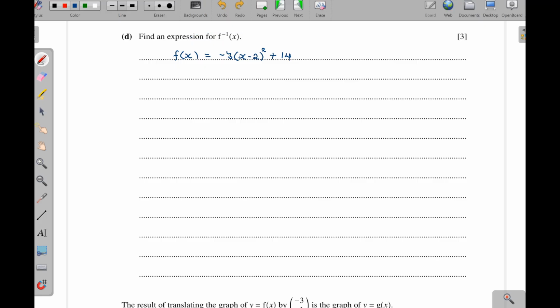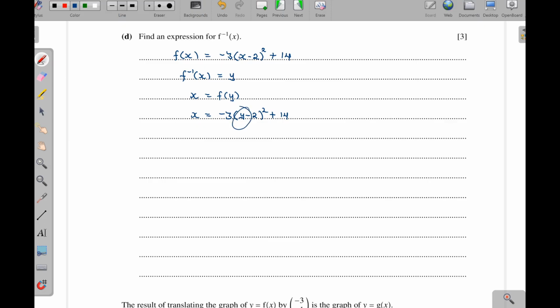So that is our f of x. So the inverse here is going to be equal to y. So suppose I take this f this side, I'll have x which is equal to f of y. In other words, you interchange x and y, okay? So x is going to be equal to, where there is x, you put the y. So you get negative 3 into y minus 2 squared, then plus 14.